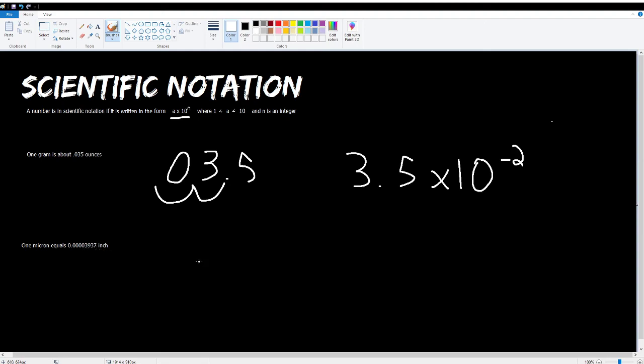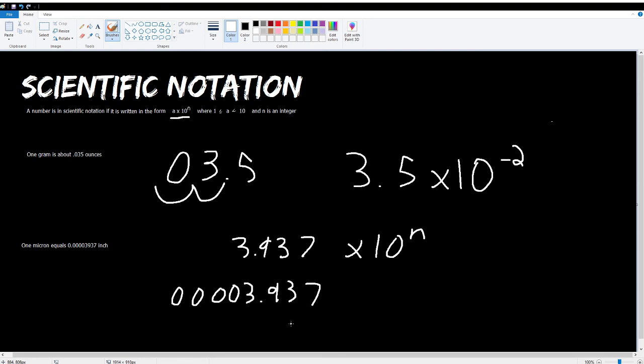Okay. So we look at the decimal and see, I'll take the first digit and make a decimal afterwards. So it's 3.937 times 10 to the n, right? So how do I get it to look like this, right?